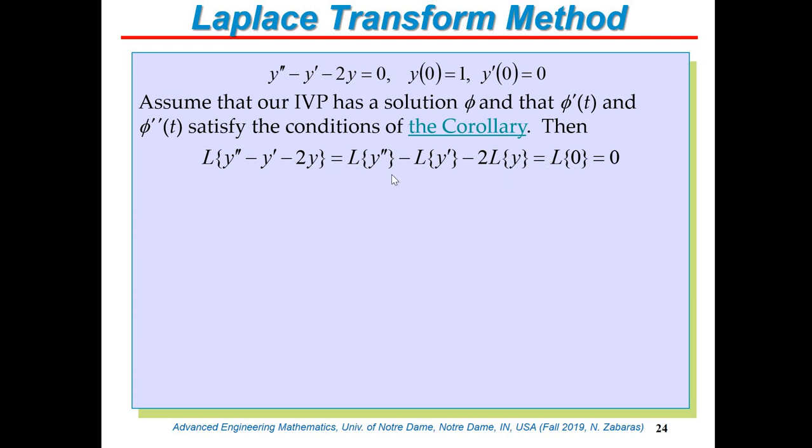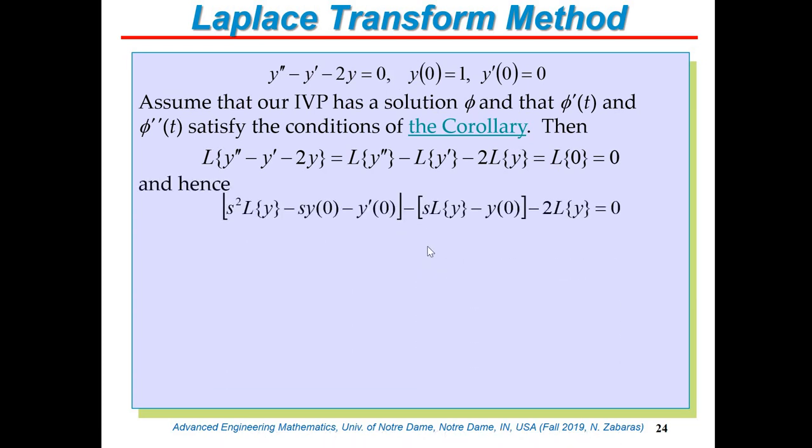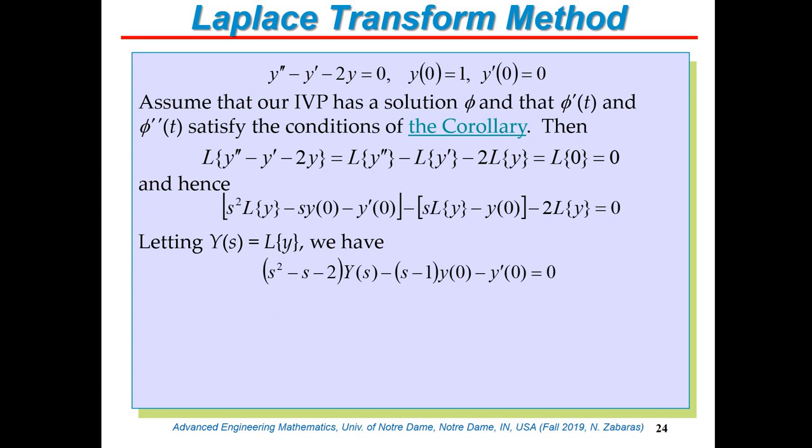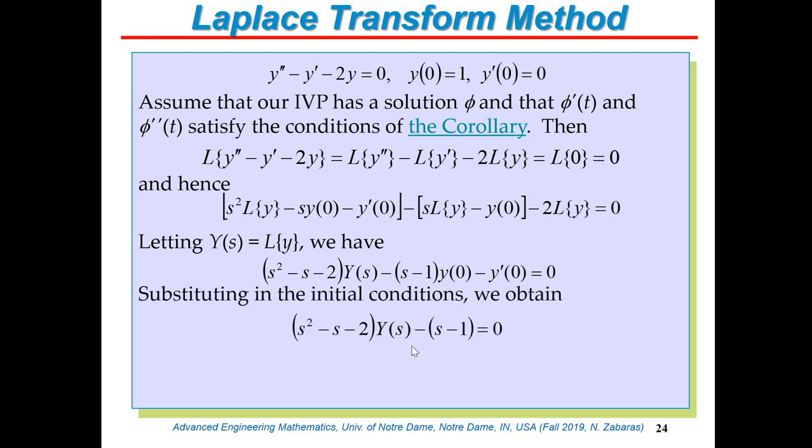Obviously, we have used here the linearity of the Laplace transform, and the Laplace transform of 0 is equal to 0. Substitute what we already learned from the theorems for the Laplace transform of the second and first derivative, plug in the initial conditions on y(0) and y prime of 0, and solve for capital Y of s.